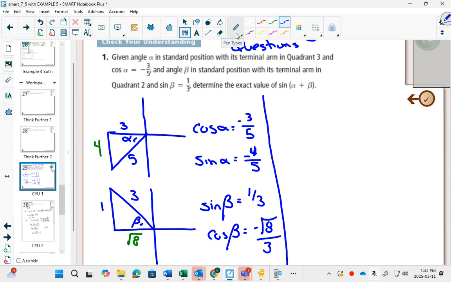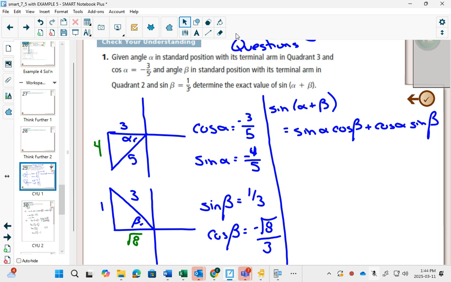We want to find the exact value of sine of alpha plus beta, and if I look at my formula sheet, sine alpha plus beta equals sine alpha cos beta plus cos alpha sine beta.